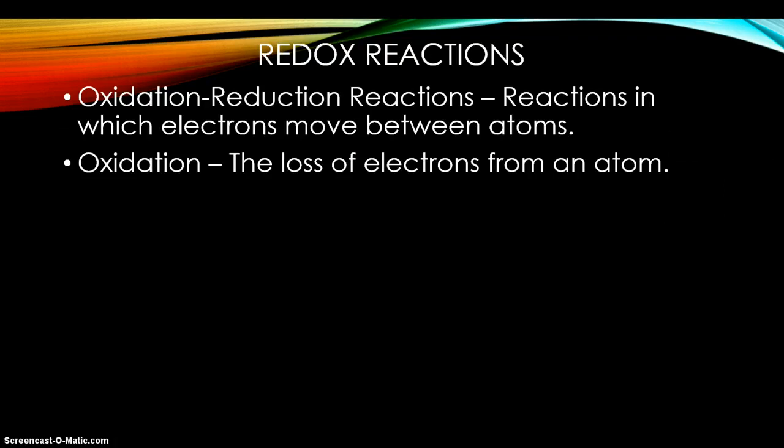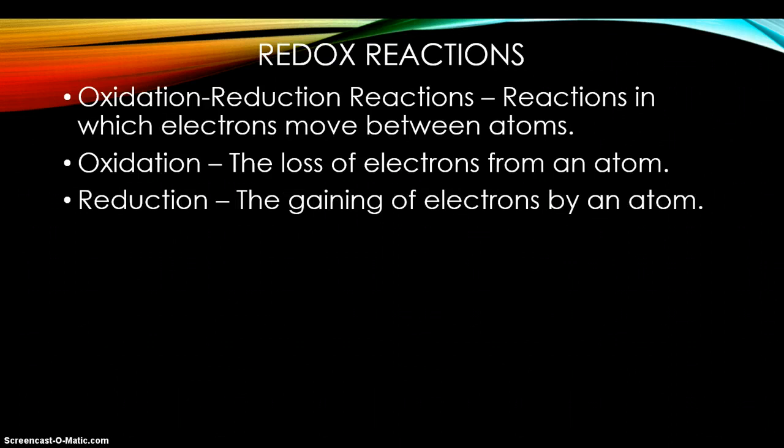So understand that oxidation is the loss of electrons from an atom. So electrons are moving away or shifting away from an atom. And the way we would tell this, if you remember, if we're using oxidation numbers, a positive oxidation number shows us that electrons are moving away, and a negative oxidation number shows us that electrons are moving toward an atom.